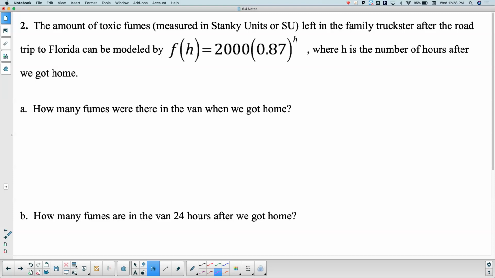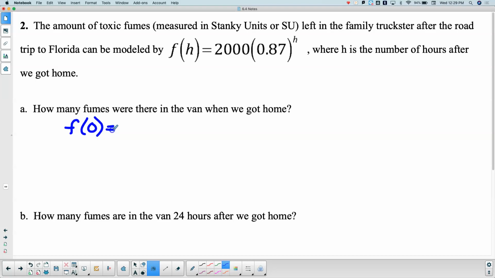Question A. How many fumes were there in the family truckster the moment we got home? How would I figure out the moment we get home, how many hours have we been home? 0, right? So what this question is finding is F of 0.